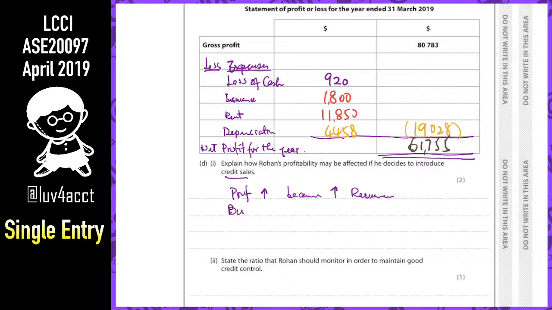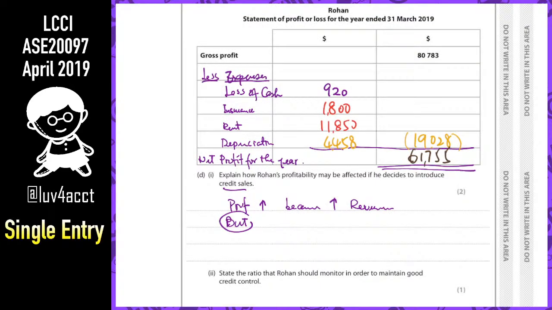Okay, but it is also possible that because you have credit sales, you have to offer cash discount to urge your customers to pay. If you offer cash discount, then your revenue, your profitability may also go down.